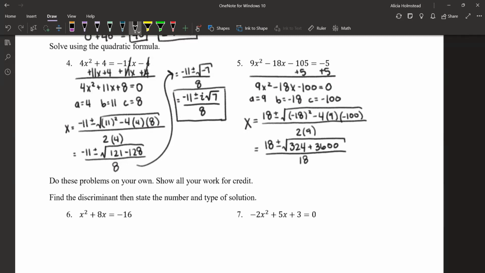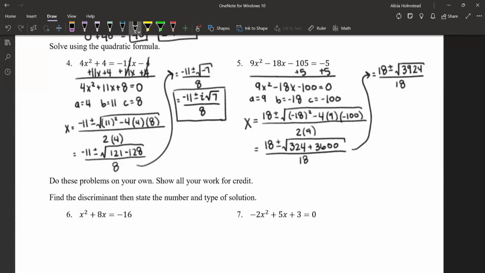Those are some big numbers, but you guys can totally do it. So we'll get 18 plus or minus the square root of 324 plus 3,600, which gives us 3,924, all divided by 18.